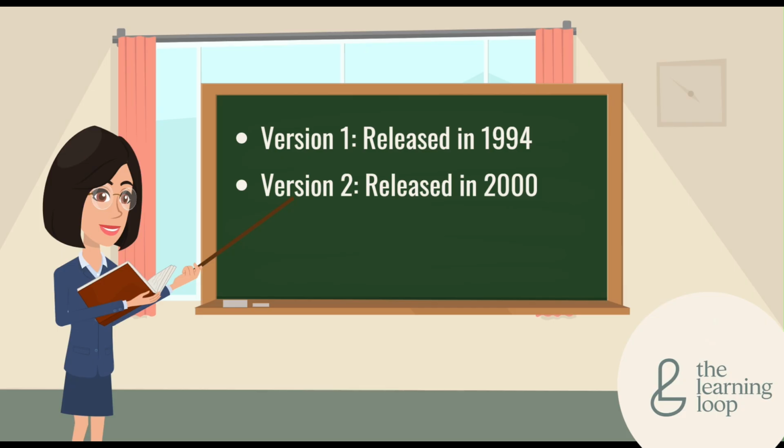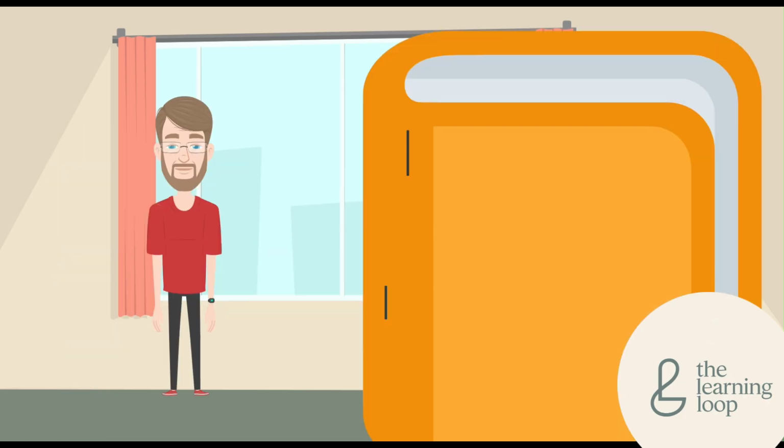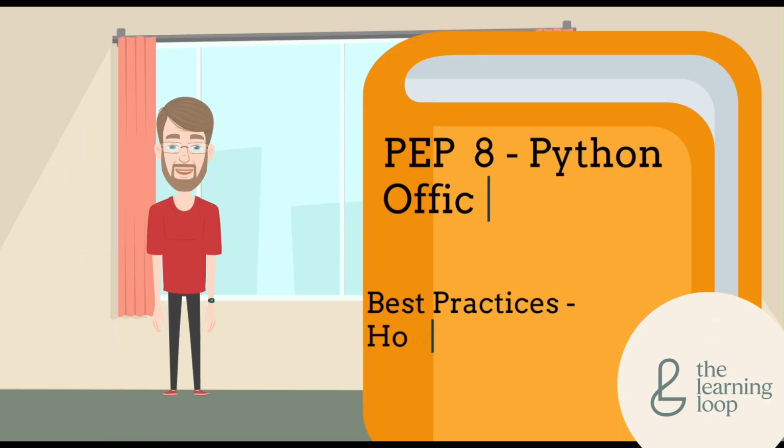In the year 2000, something called the PEP8 style guide was released, which was written by Guido van Rossum along with, I believe, 2 other developers. They published a style guide sharing the best practices on how you should write the code. What should be the rules or the conventions when you are writing code.